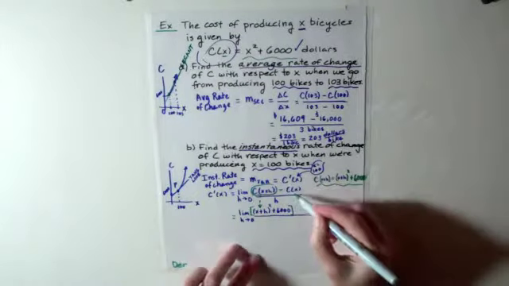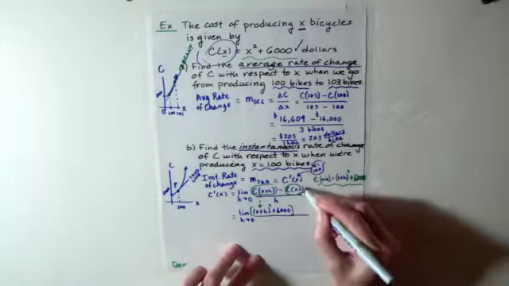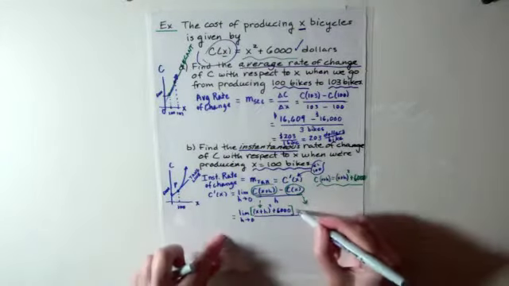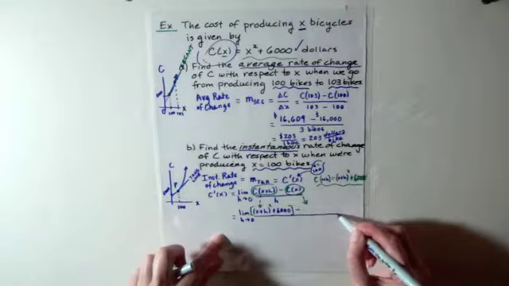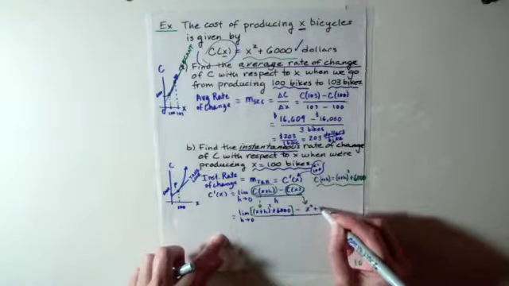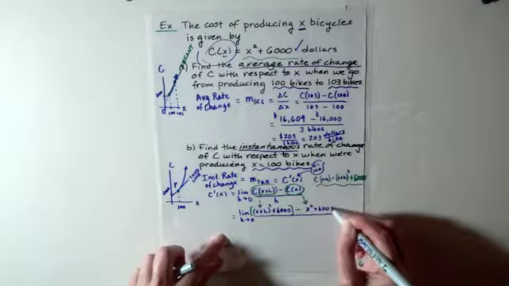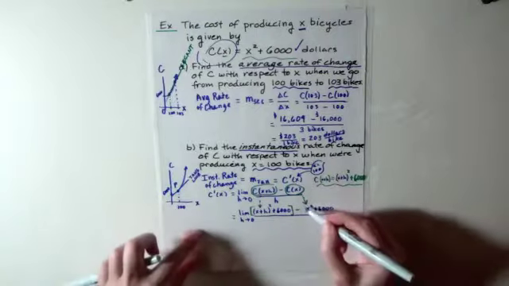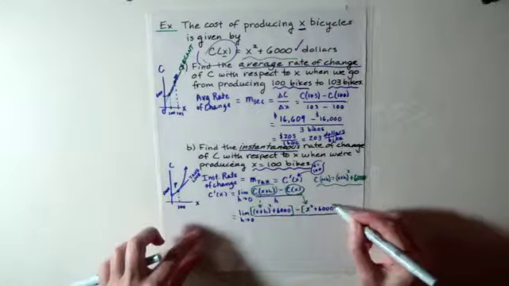I'm supposed to subtract off c of x. So what is c of x for my particular function? Well, that's just the given function. C of x is x squared plus 6,000. Be a little bit careful here because we're supposed to subtract all of c of x. So I have to put some kind of parentheses around this.